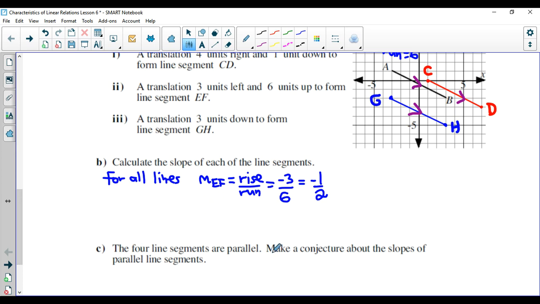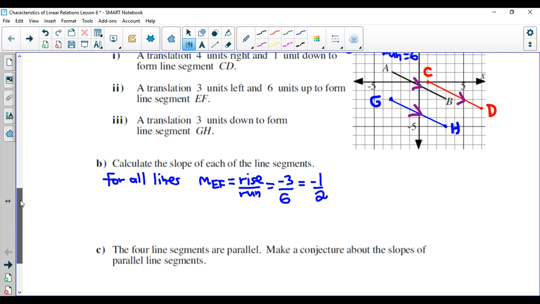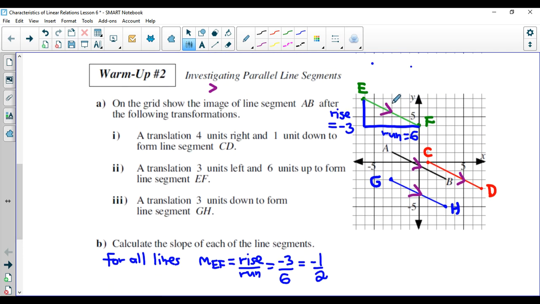Okay, it says the 4 line segments are parallel. Make a conjecture about the slopes of the parallel line segments. Well, if you look here, the steepness of every single one of these line segments, whether it's EF, CD, AB, or GH, they are all the same. Okay.